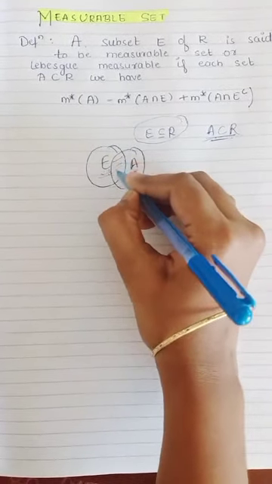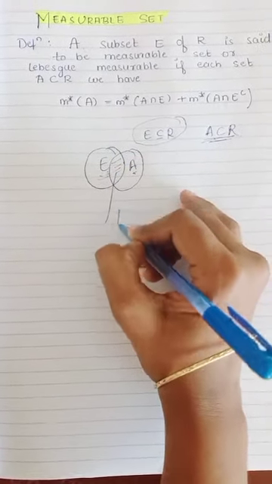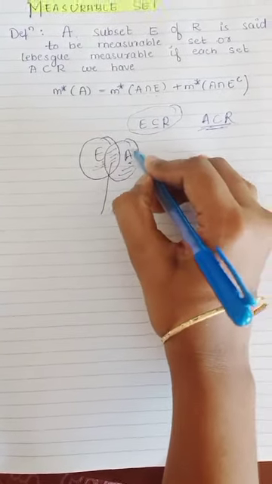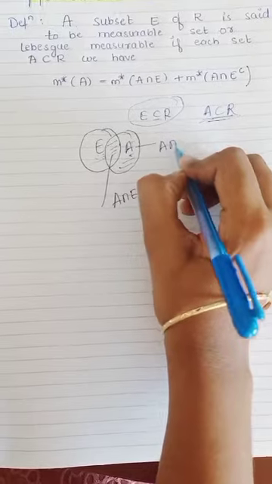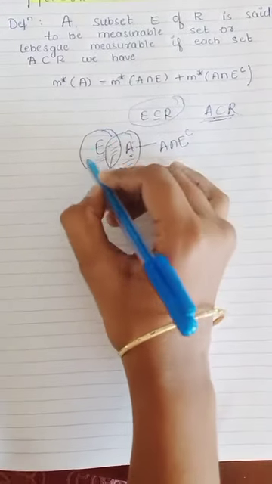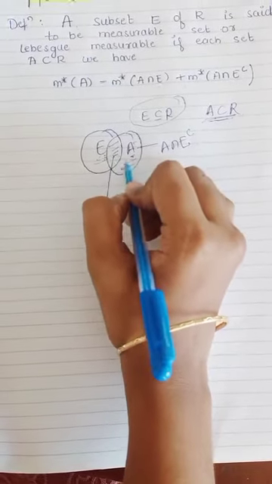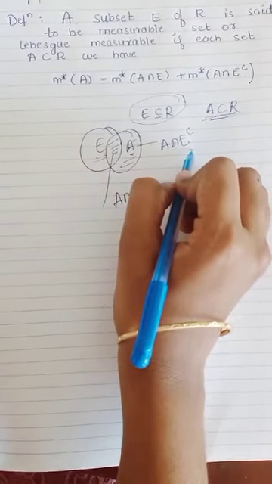See, this is your common part. So this will be your A intersection E, and this part is known as A intersection E complement. This whole set is E. If you remove this part, it will become E complement. So A intersection E complement.